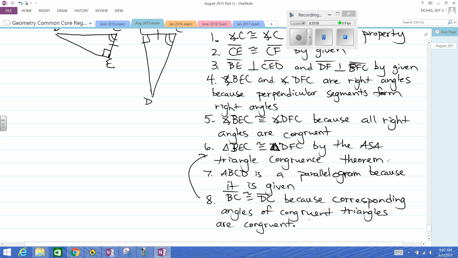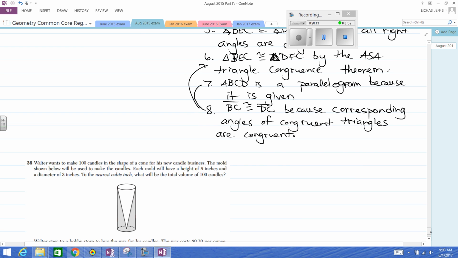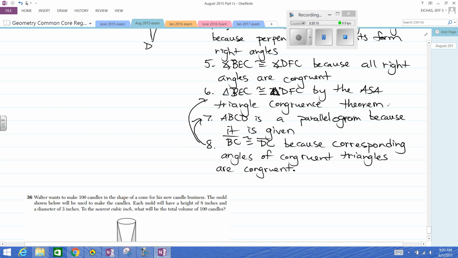It's kind of out of order. I should have had 8 and 7 switched, but it's not going to be the biggest deal in the world. I should have swapped these two just for nice ordering, but it doesn't make any difference.